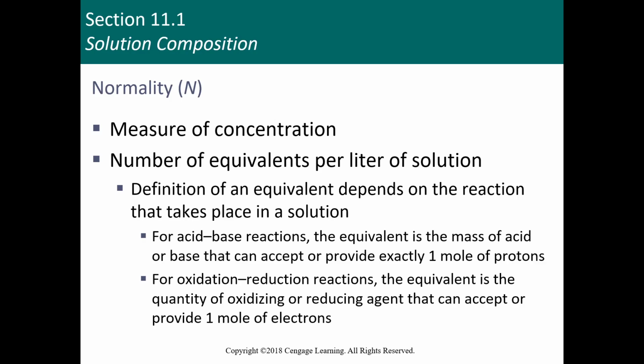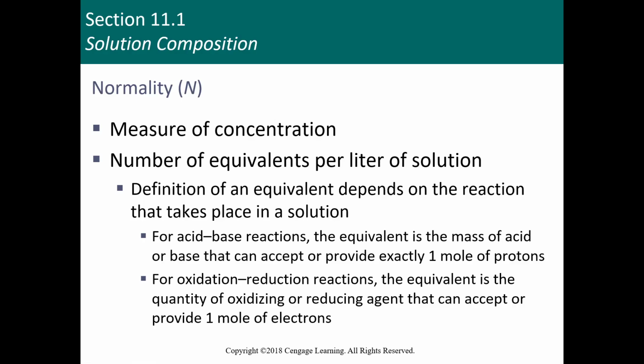That would be 2 moles of protons given for every mole of the diprotic acid, such as H2SO4, or sulfuric acid. Well, in that case, your molarity could be 1, right?